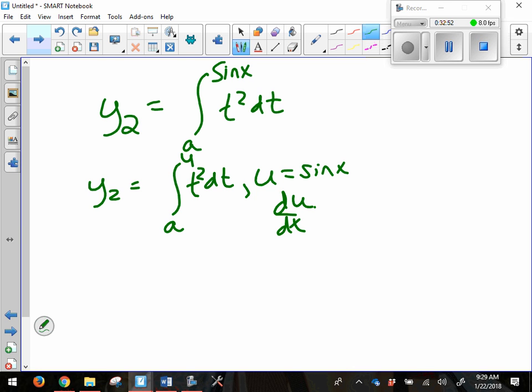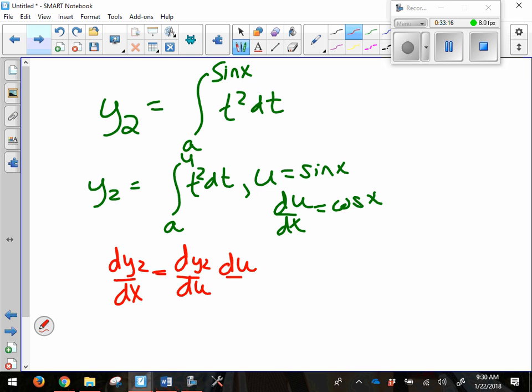Yep, du/dx is going to be cosine x. So now dy2/dx is going to be dy2/du times du/dx.